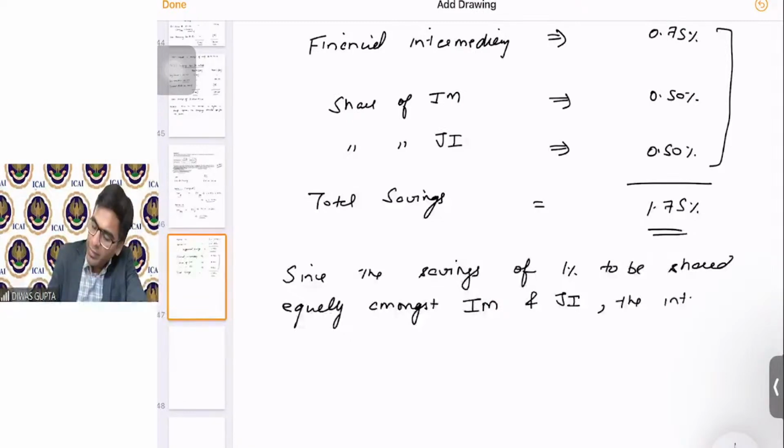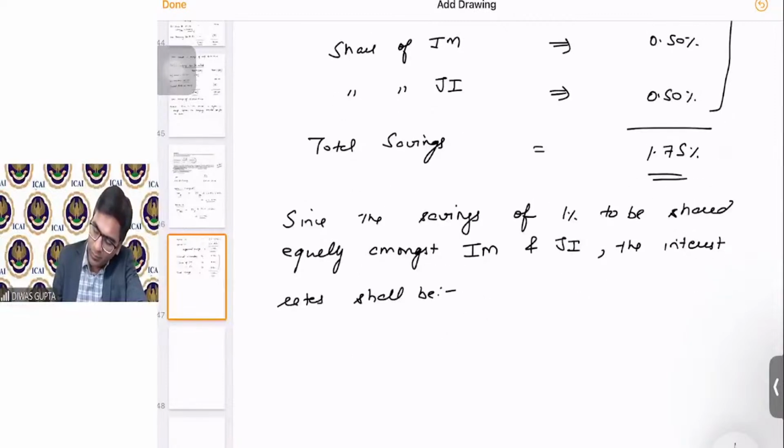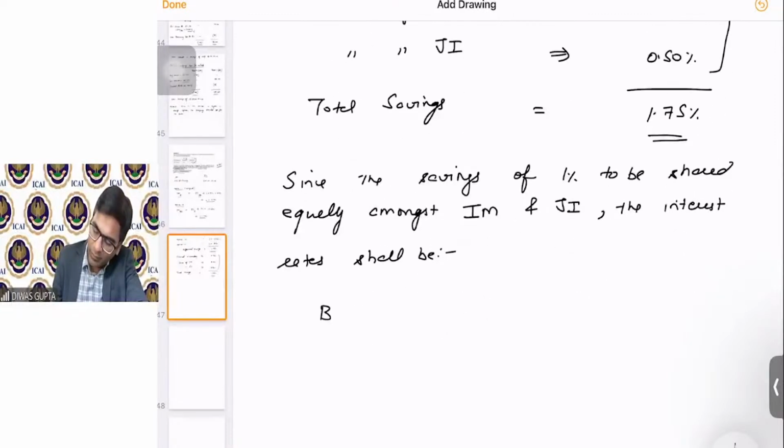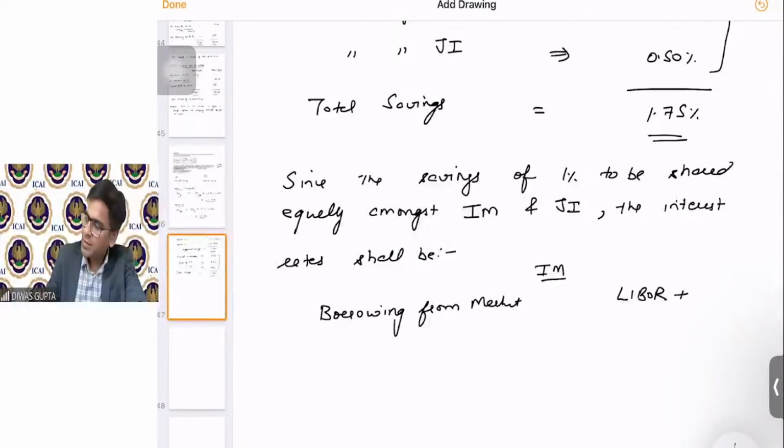The interest rates shall be. So let's first calculate for IM, students. Okay. Borrowing from market will happen at what rate? LIBOR plus 0.5%.